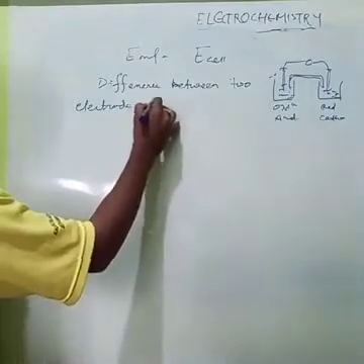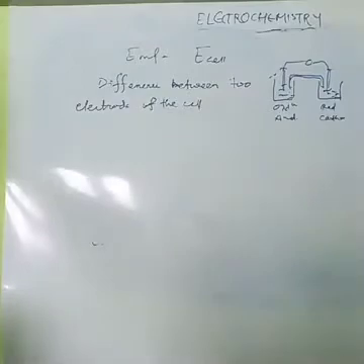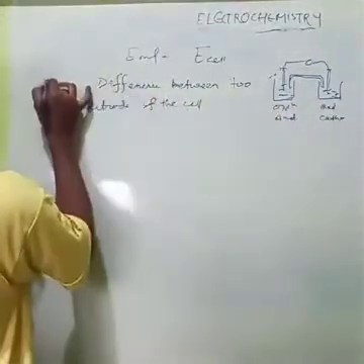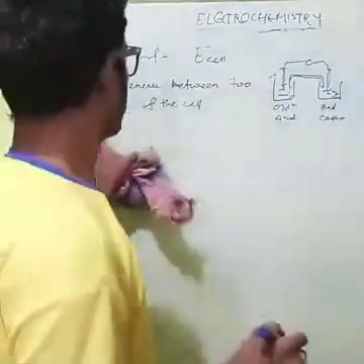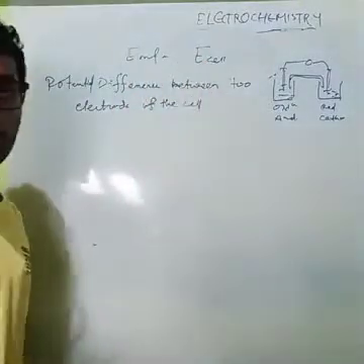The potential difference between the two electrodes of the cell is your EMF, or E cell.